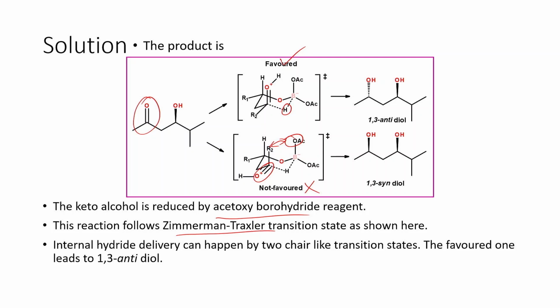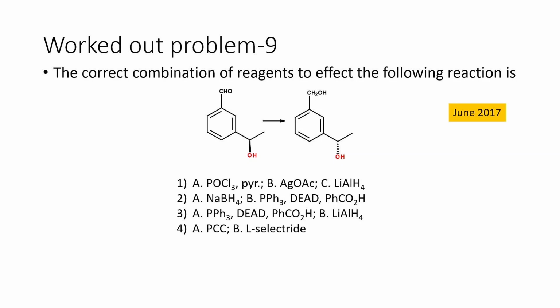This particular transition state is quite unstable, and that is the reason this is not favored. Here we do not have that particular interaction, and that is the reason this is favored in the top transition state. So that leads to the 1,3-anti-diol as the final product. So we can expect that this is going to be the final product formed in this particular carbonyl reduction. Let us move on to the next problem.